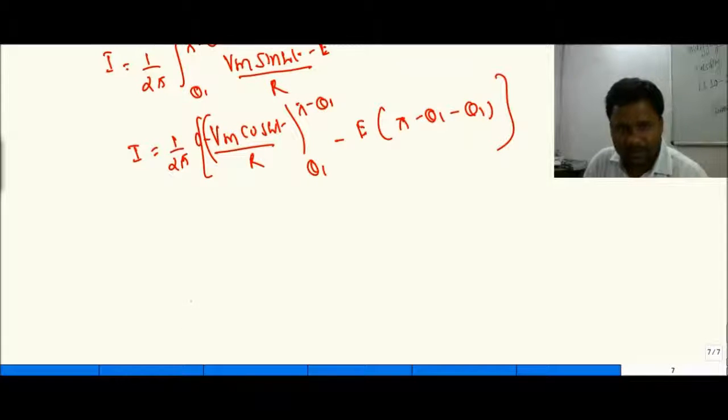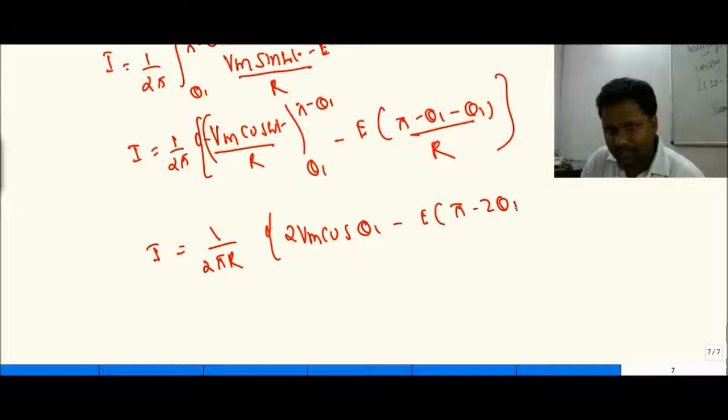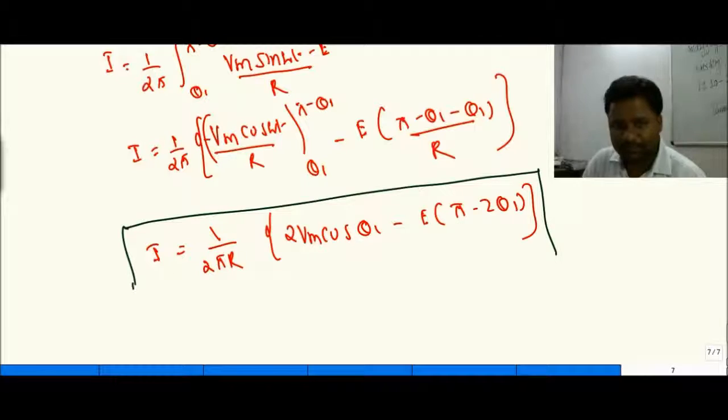Solving, we get 1 upon 2 pi R, R is common, Vm cos theta 1 minus E times (pi minus 2 theta 1).